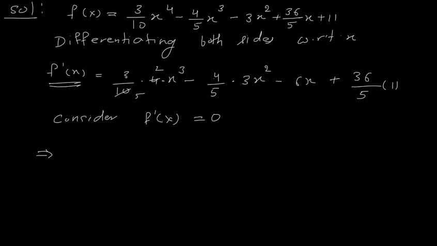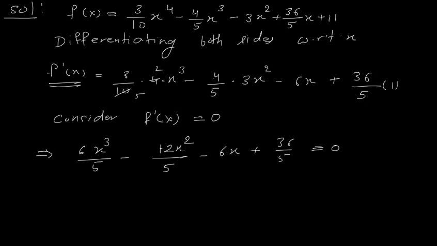So this is 6x cube divided by 5 minus 4 3s are 12 x square divided by 5, then we have minus 6x, then we have plus 36 upon 5. Now this will become equal to 0.